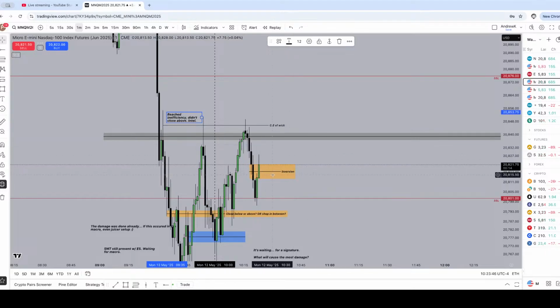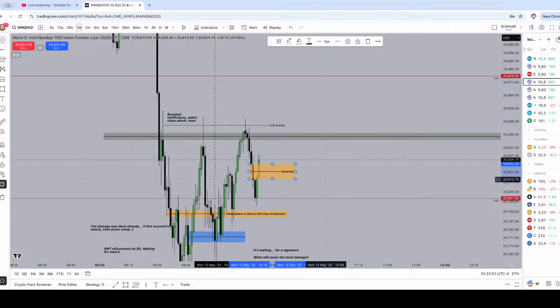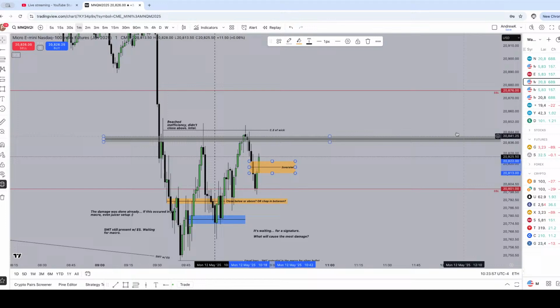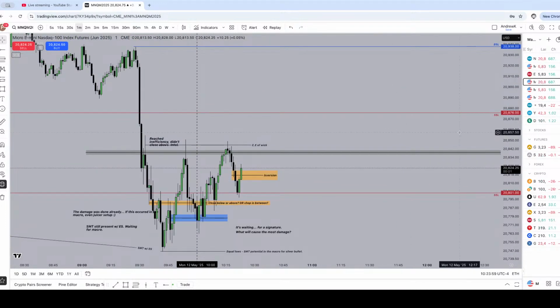If we can close back above this, so we'll watch it. We'll watch and I'll answer some questions. Back above it now. This probably should go higher, ideally.